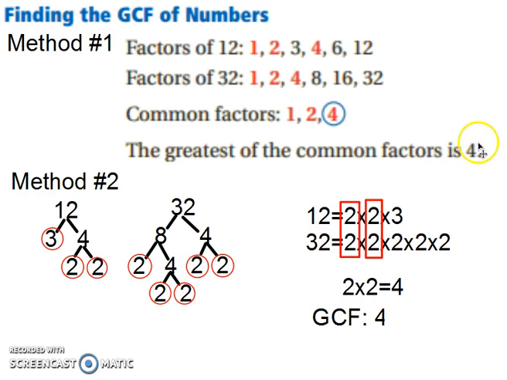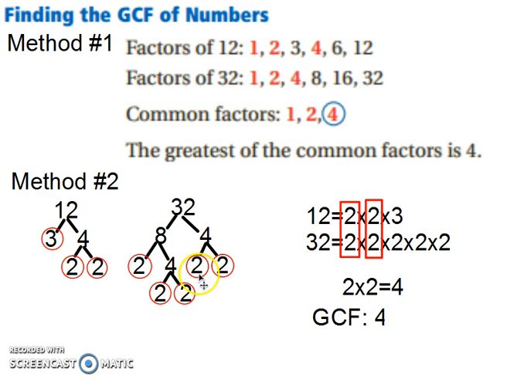You can also use your little factor trees that we were just working on. That's method 2. So let's look at 12. We have 3 times 4, so 3 is prime, and 4 breaks down into 2 times 2. So we have 3 times 2 times 2 is the prime factorization of 12.